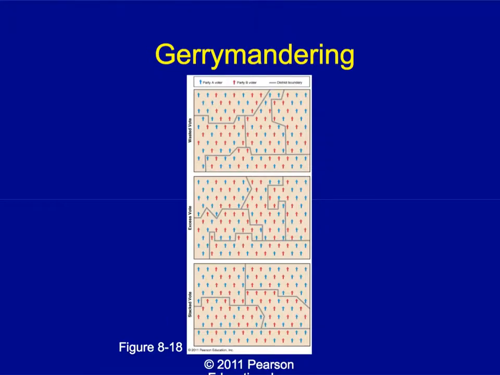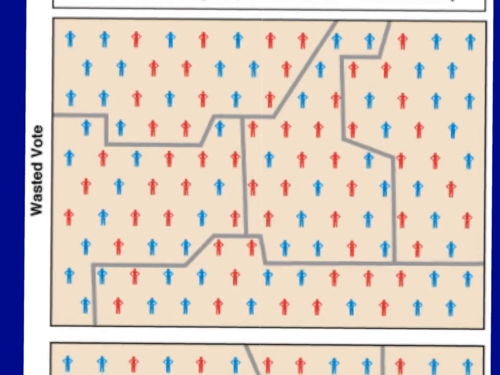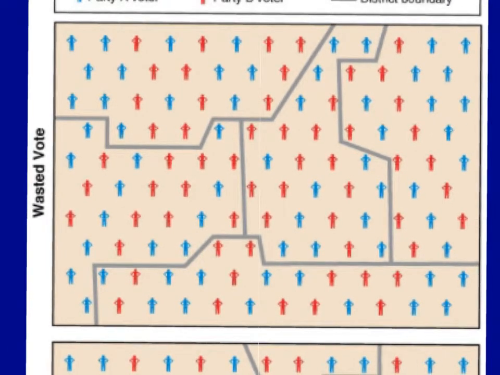And here are the actual graphs themselves, and I'm going to enlarge this a little bit, and talk about each one. This is called the wasted vote. You have Party A voters in blue, Party B voters in red. And you can see that one has actually been spread out so that neither party is actually going to have a majority.